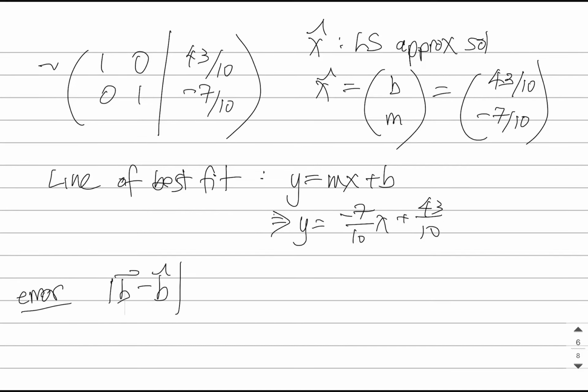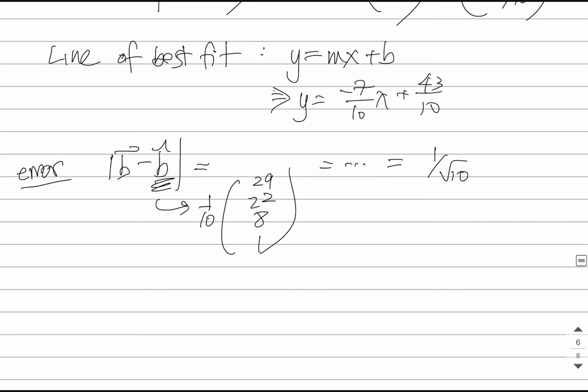Generally, I don't recommend that you do that, but basically what you would find is that the error is 1 over root 10. We aren't going to focus too much on the error here. It's just a number, and generally the smaller this number is, the better. However, we are going to be focused really on just getting these coefficients.